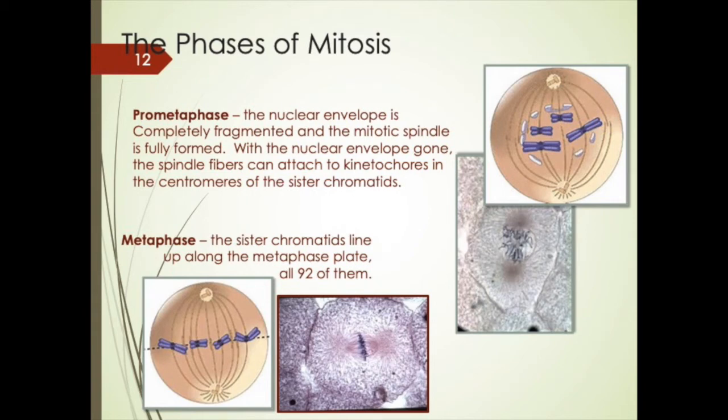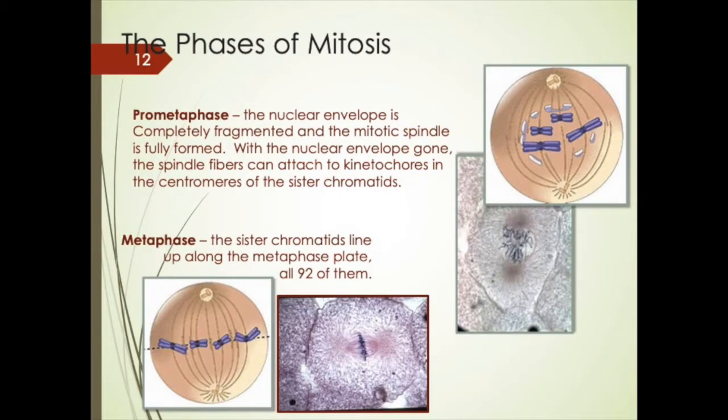After this phase, we have prometaphase. The nuclear envelope is completely broken down, and the spindle fiber is fully formed. The nuclear envelope is gone, and then the spindle fibers can attach to the kinetochores, right?